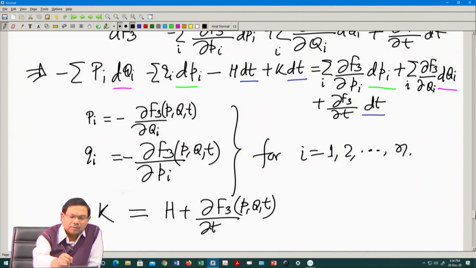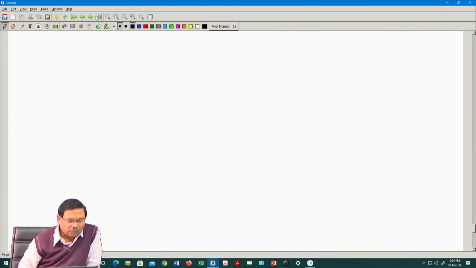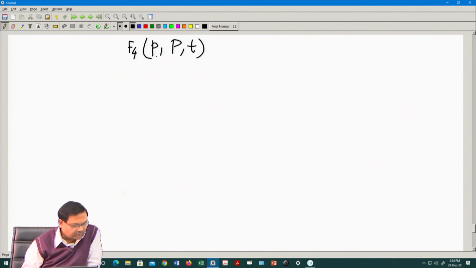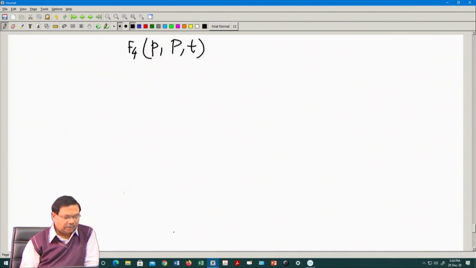So, we are left with one more type of canonical transformation, and that is the fourth one. So, F4. So, what are we left with? This is what we are left with. So, that is the fourth one, right.